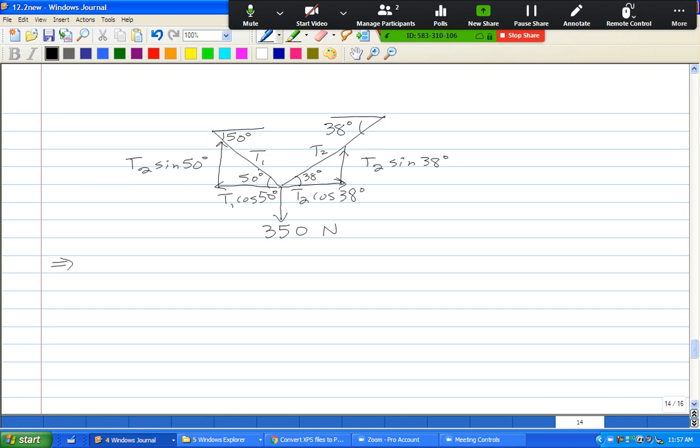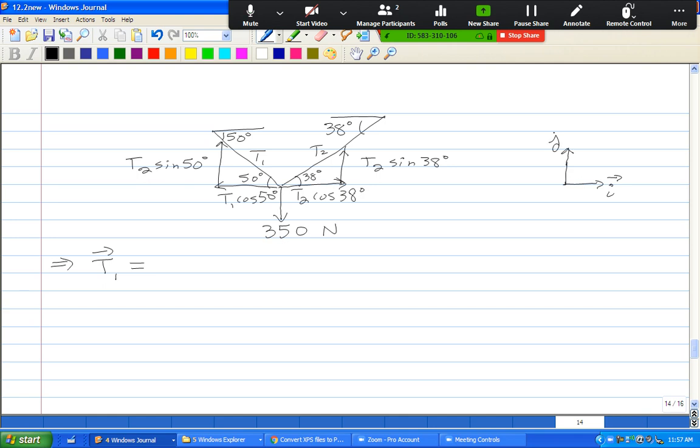So for this vector T1, this component is going up in the j direction, and this component is going in the opposite direction of the unit vector i. So maybe I'll put a little diagram here. This is the positive i direction, and this is the positive j direction.